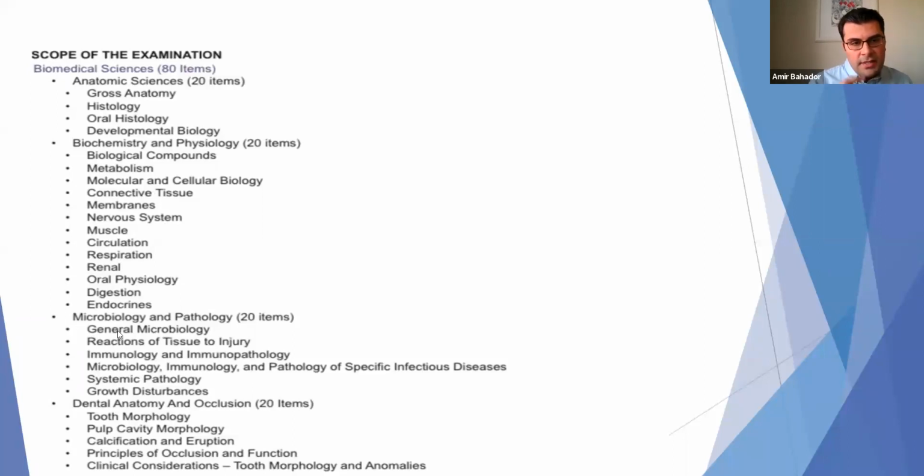The third part is about microbiology and pathology. It consists of general microbiology, which covers bacteria, viruses, a little bit of fungi and parasites, reaction of tissue to injury, immunology and immunopathology, microbiology, immunology and pathology of specific infectious diseases, systemic pathology, and gross disturbances like syndromes or neoplasms, etc. The last part is about dental anatomy and occlusion, which I love.